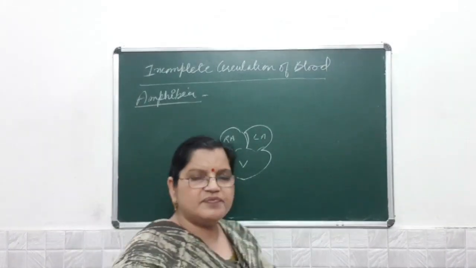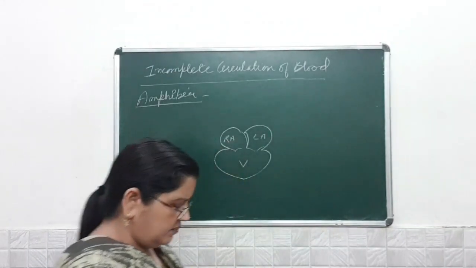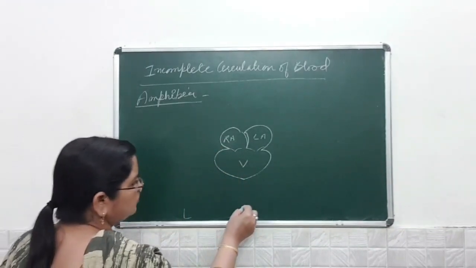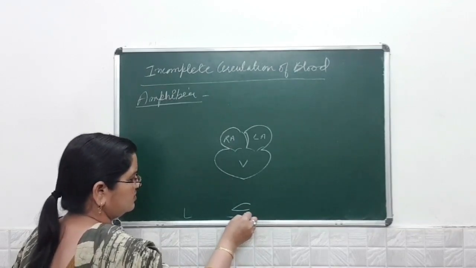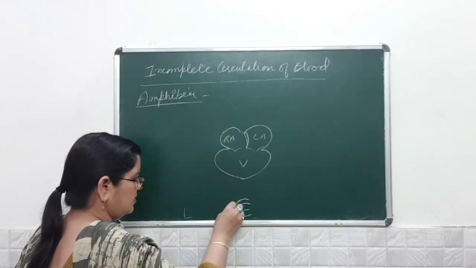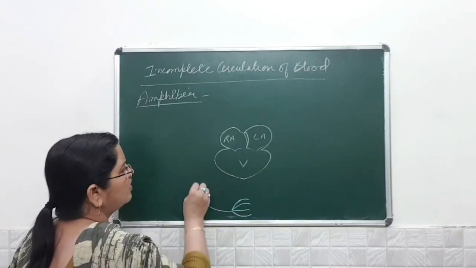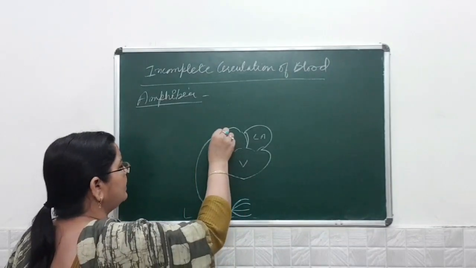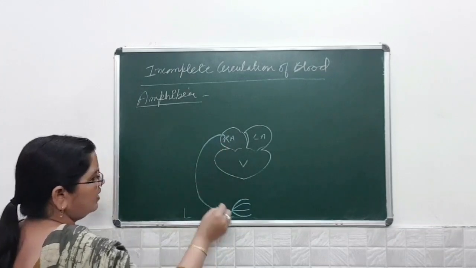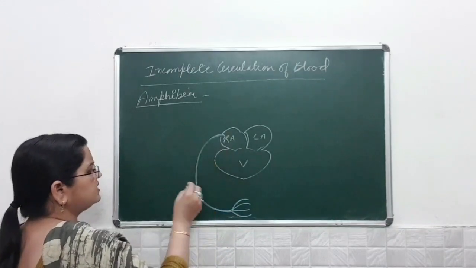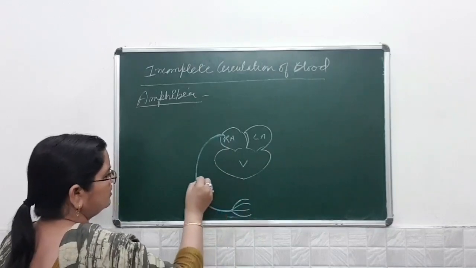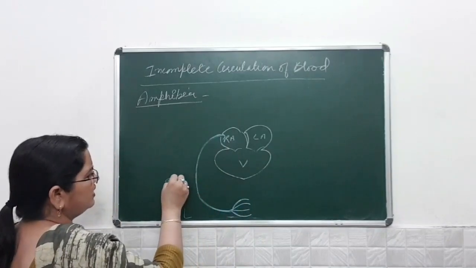In this type of circulation, blood from body tissues is pumped into the heart carrying deoxygenated blood.